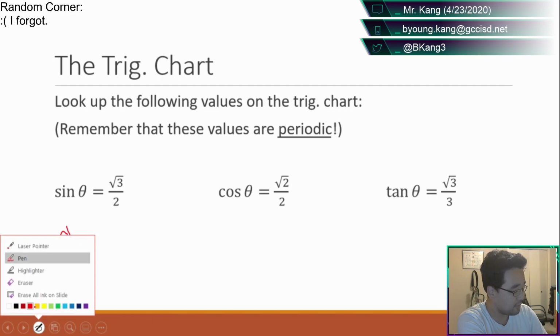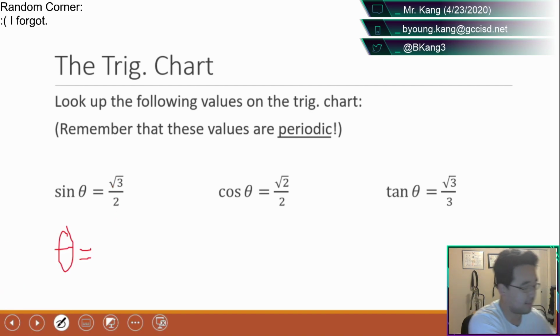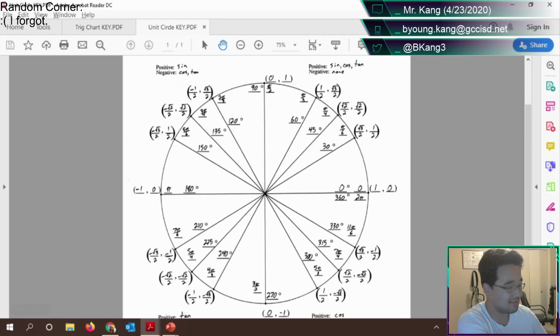I'm asking you the question, on the unit circle, or based on my definitions of trig, at what angle values does sine equal square root of 3 over 2? Sine would be the y coordinate, because the y coordinate tells you the opposite side of that little reference triangle that we draw. So square root of 3 over 2, you see one right here for the y coordinate.